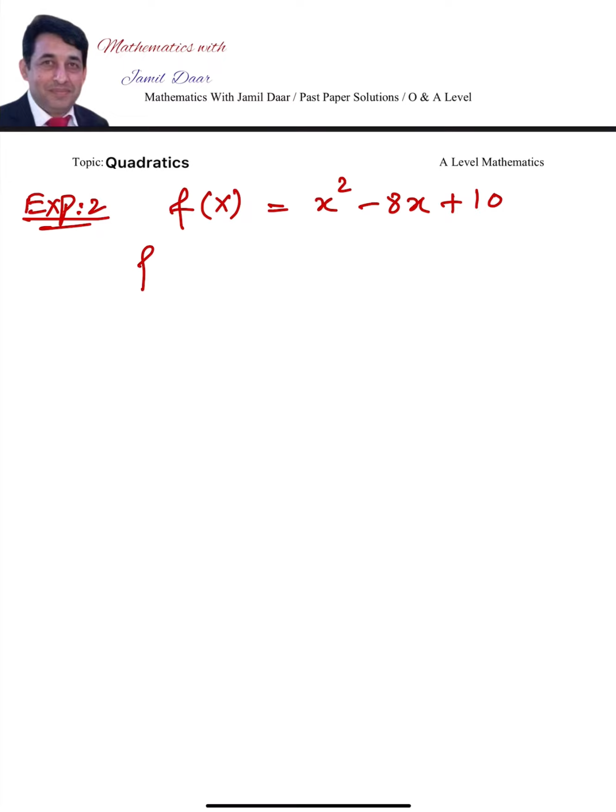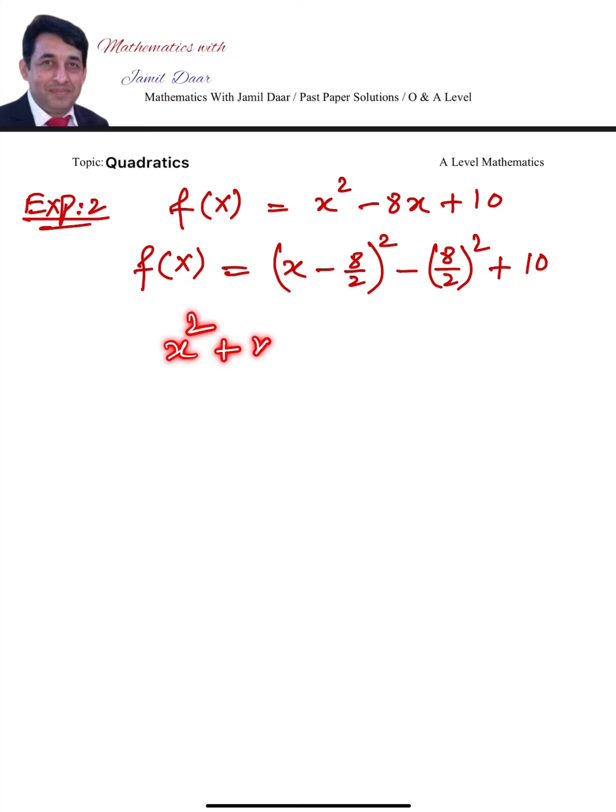So f(x) is equal to, we'll apply the formula, (x minus 8 over 2) whole squared minus (8 over 2) whole squared plus 10. We have applied the formula: x² plus nx is equal to (x plus n over 2) whole squared minus (n over 2) whole squared.